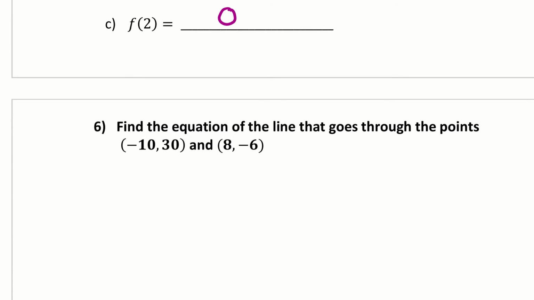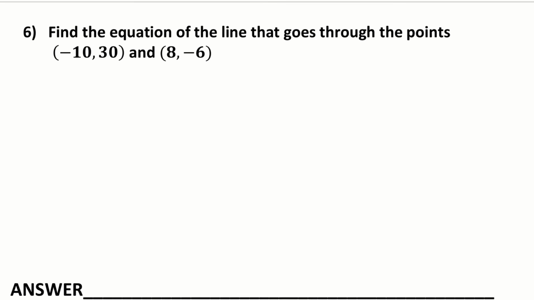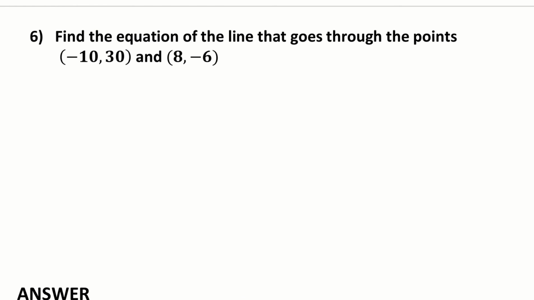All right, next page, question 6. In 6, we're asked to find the equation of the line that goes through the points -10, 30, and 8, -6. Of course, I don't know what the slope is, so let's go ahead and find the slope. I'll remind myself I'm going to look at the change in y's, and then I'll figure out the change in x.